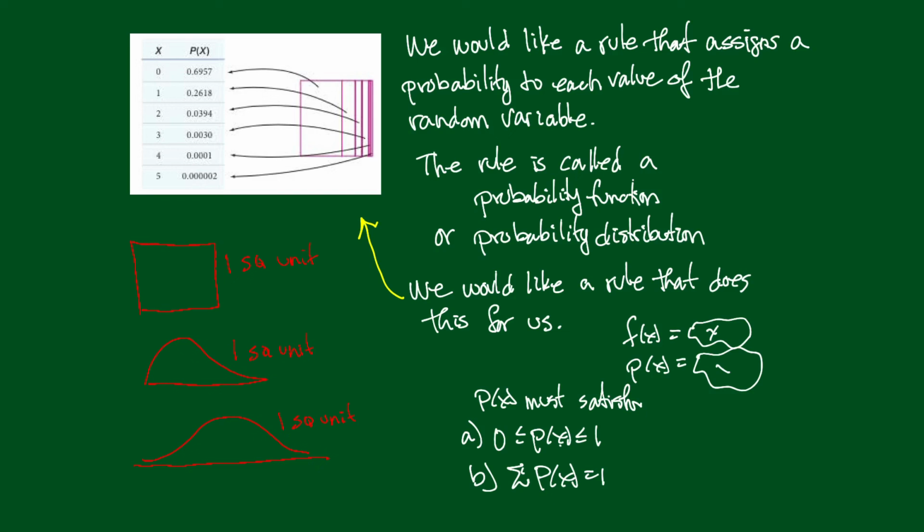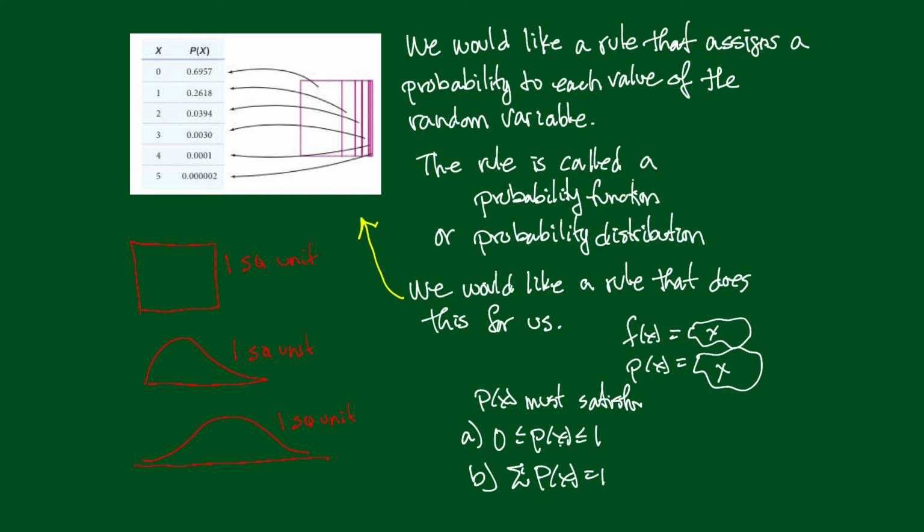Now, the rules that we're talking about are just like the functions you saw back in your algebra course. We wrote it like this: f of x equals something with an x in it. But now we're going to write p of x. We're going to name the function p for probability, with something over here that has x's in it.